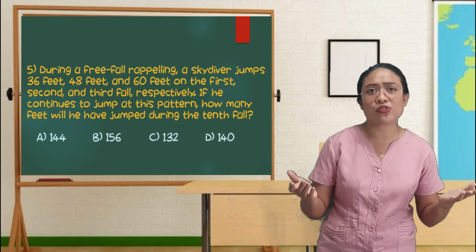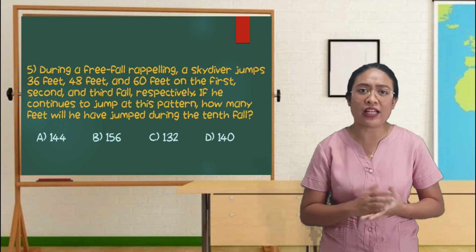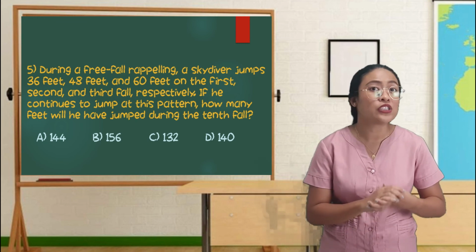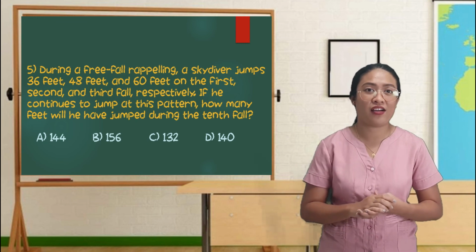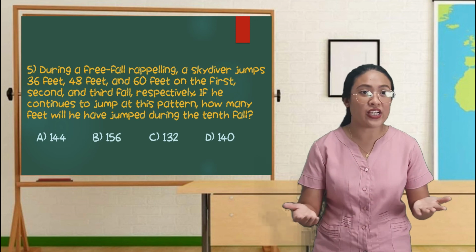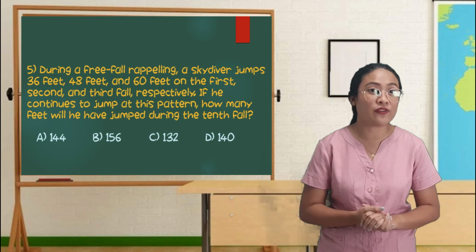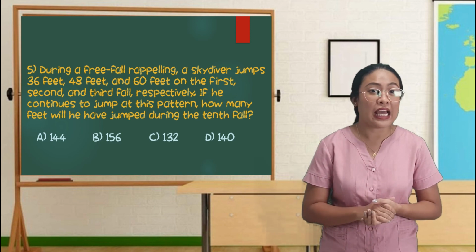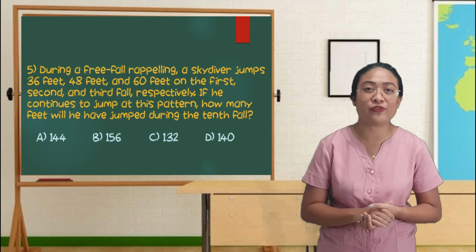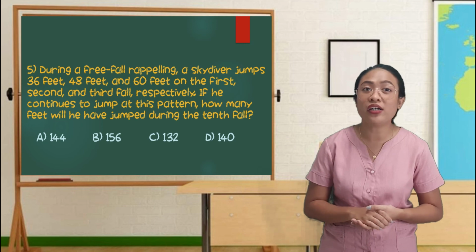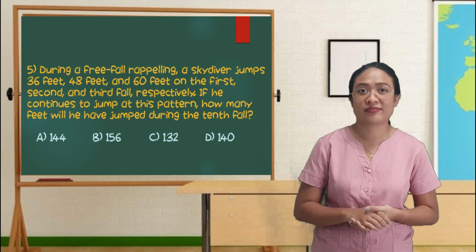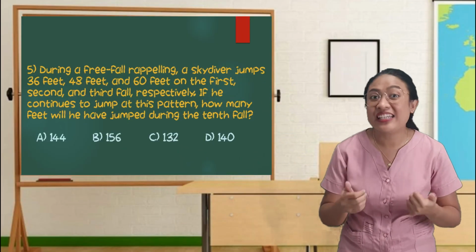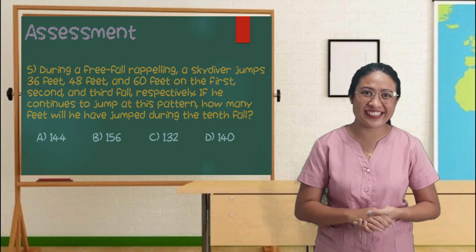If he continues to jump at this pattern, how many feet will he have jumped during the 10th fall? The choices are A, 144 feet, letter B, 156 feet, letter C, 132 feet, and letter D, 140 feet. What is your answer?